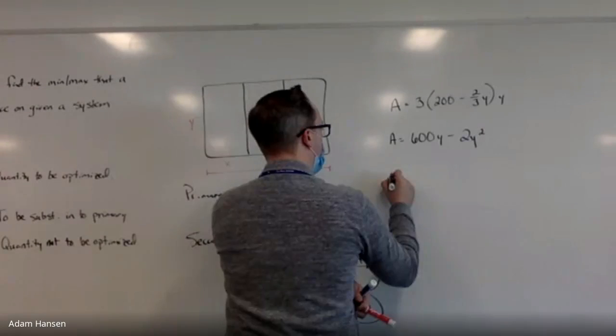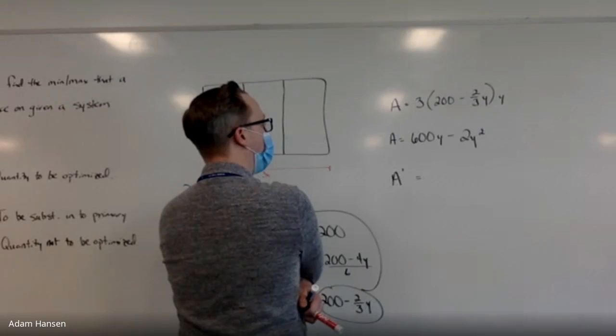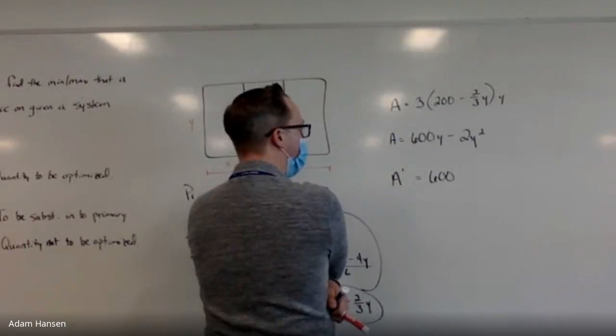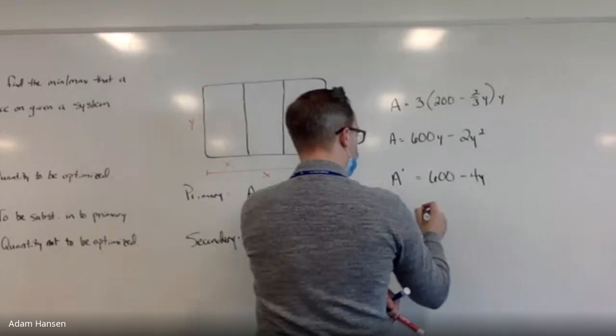So let's take the derivative, A prime, equal to, see, what is the derivative of 600y? 600. And 2y squared, the derivative would be 4y. We'll set this equal to 0.